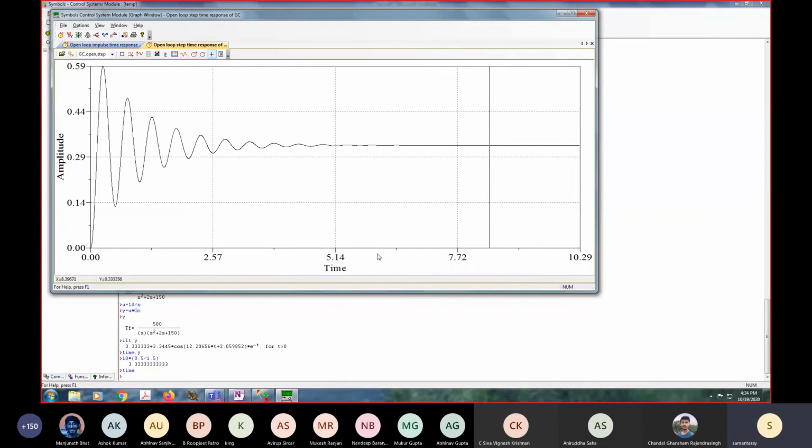In that case, another 1 by s gets multiplied. But if you have not multiplied, instead of Y(s), you take straight GC and take its open loop step response, then it's fine. Then it will take 1 unit input and it will find the same result.